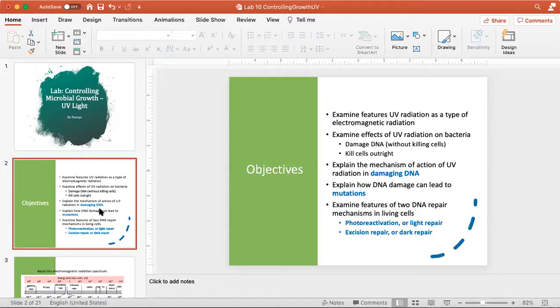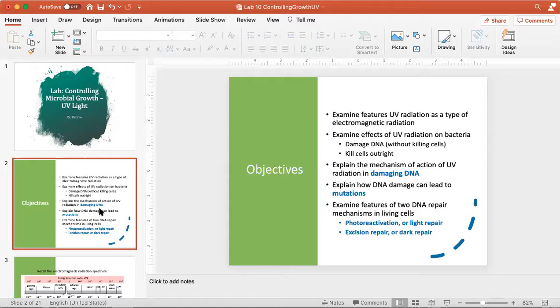We're going to talk about how ultraviolet radiation affects bacterial cells specifically, but we could apply this to other microbial cells as well. We're going to talk about how ultraviolet exposure can both damage cells by damaging their DNA and also kill cells if they get exposed to enough ultraviolet over a long enough period.